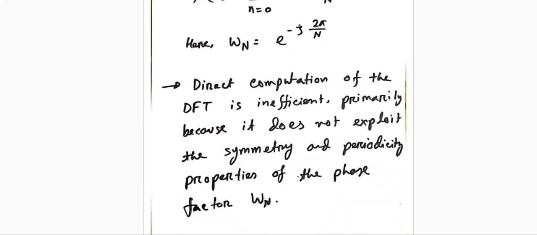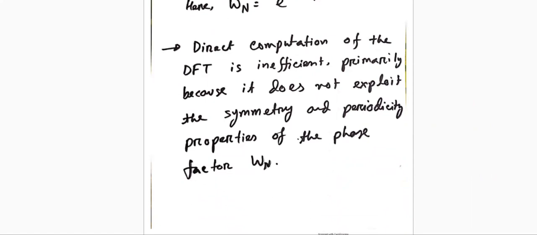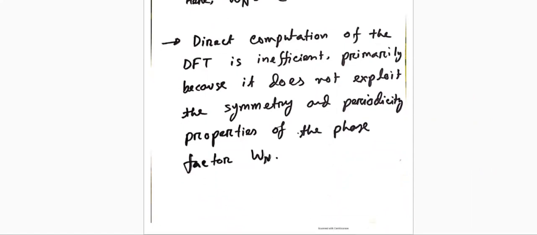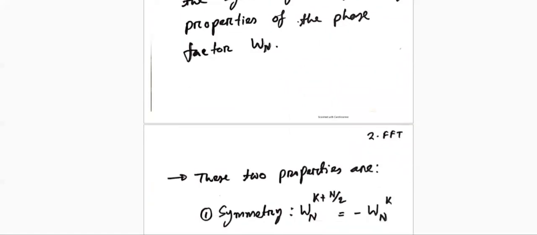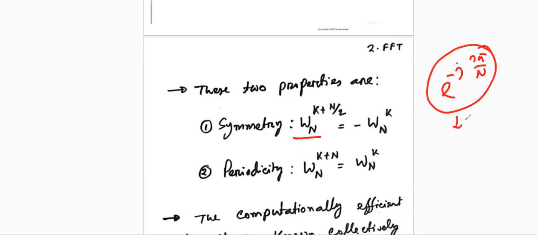Direct computation of this DFT is inefficient, primarily because it doesn't exploit the symmetry and periodicity properties of the phase factor W_N. As we already know, this W_N is the exponential term e to the power minus j 2 pi divided by N, which is a combination of sine and cosine in the real and imaginary parts.